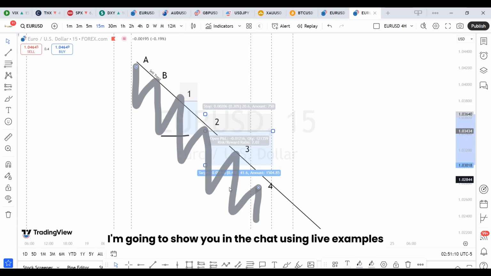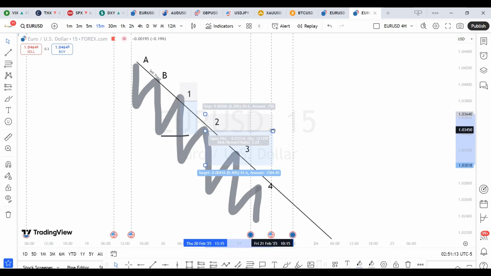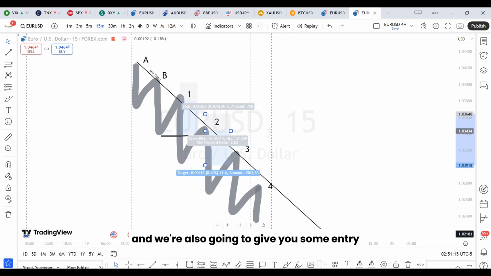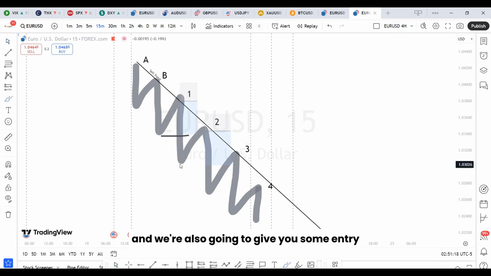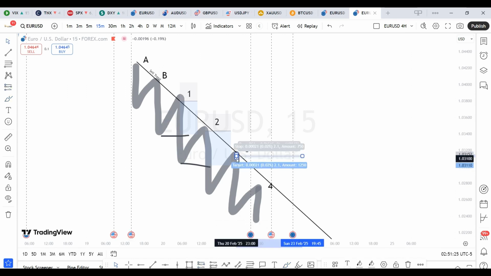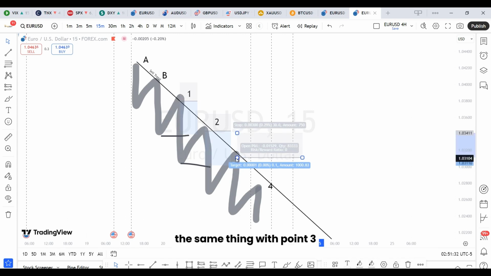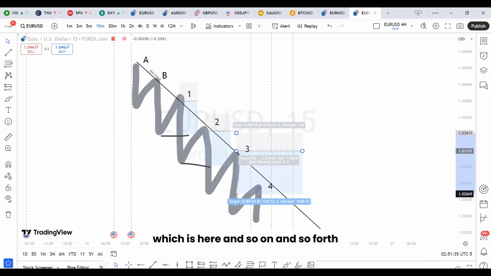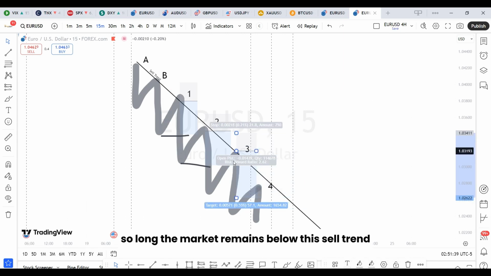I'm going to show you in the chat using live examples, and we're also going to give you some entry. See your take profit here. The same thing with point 3, which is here, and so on and so forth, so long as the market remains below this sell trend or bearish trend.